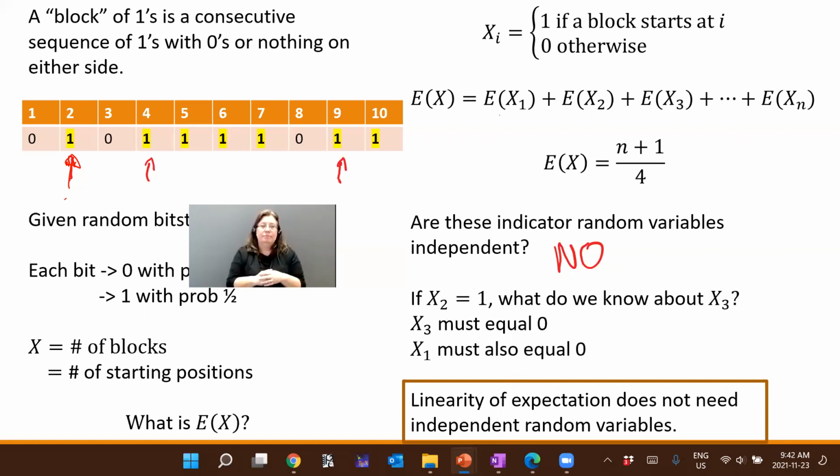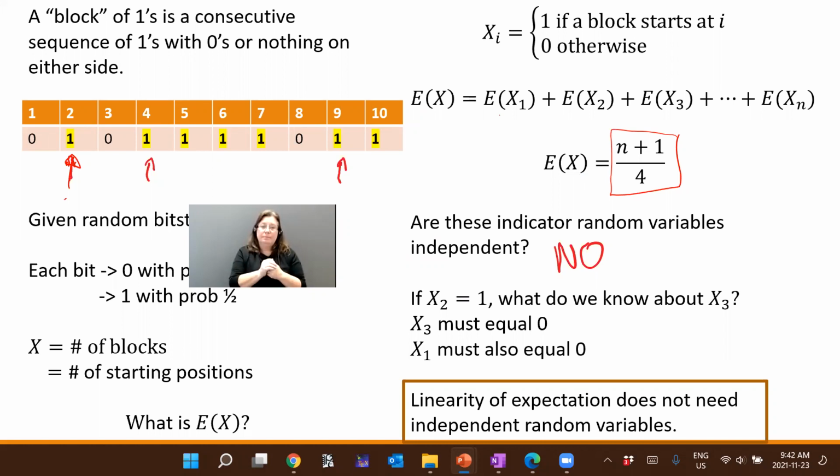Yeah, so I'm not sure what you mean here. What we're saying is, if I take all the possible random bit strings, then on average, they have n plus 1 over 4 blocks. I don't know if I answered your question.